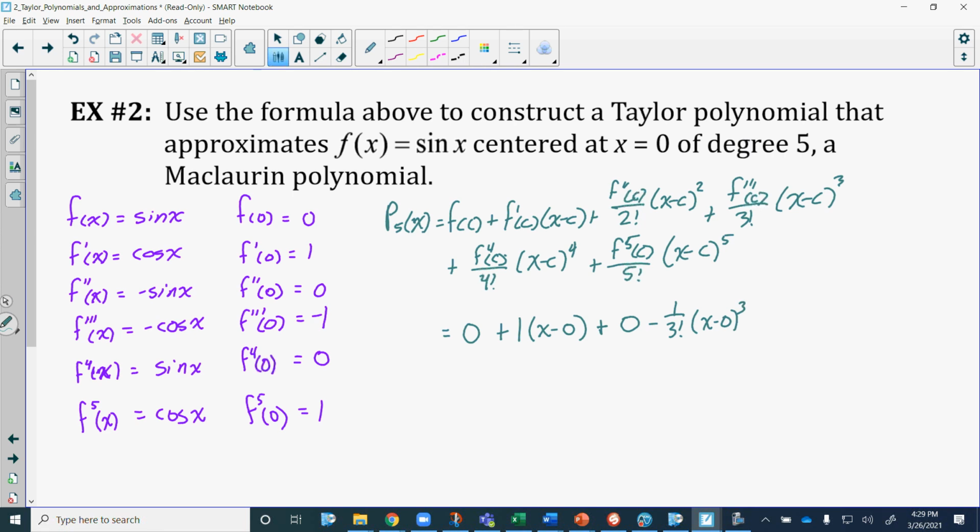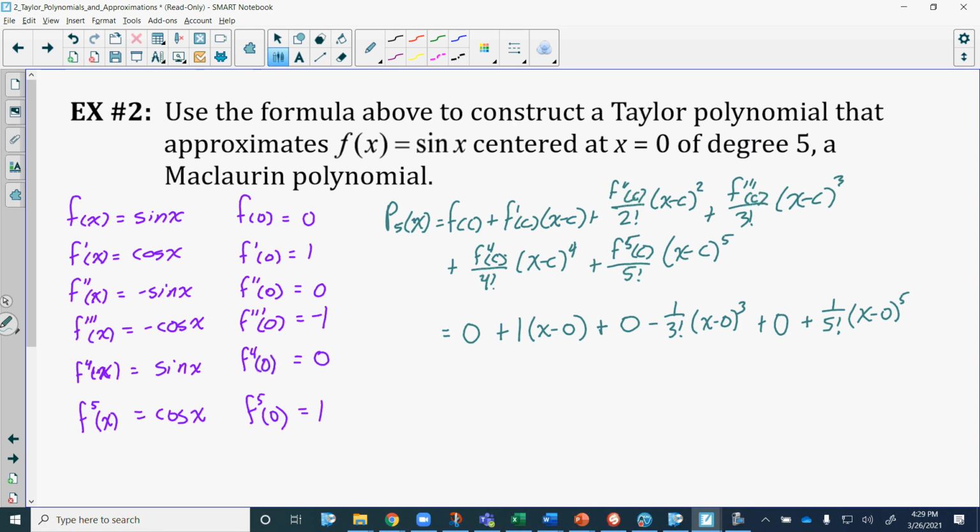The fourth derivative spot again gives me a 0 in the numerator, so that becomes 0. And for the fifth derivative spot, we substitute a positive 1, so that'll be plus 1 over 5 factorial times x minus 0 to the fifth power.